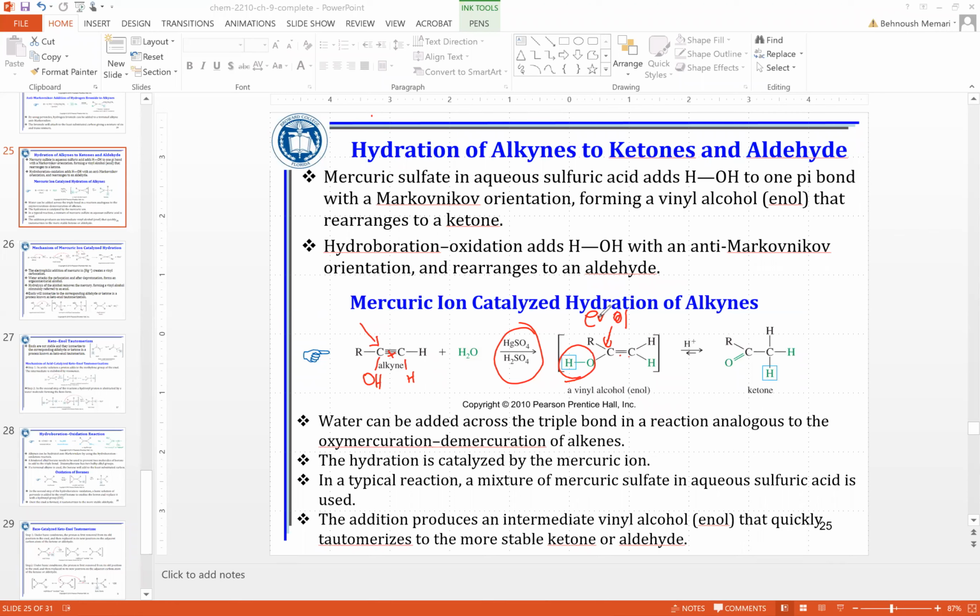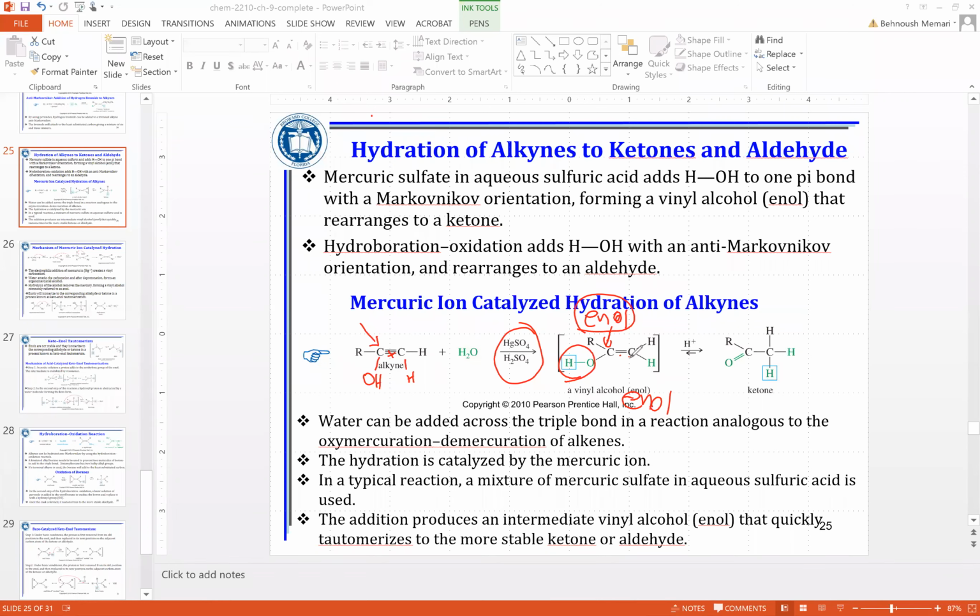Because both functional groups are on the same carbon, you can combine these two, and it is known as an enol. So we have an enol here. Enol is not very stable. Enol can rearrange to ketone or aldehyde.